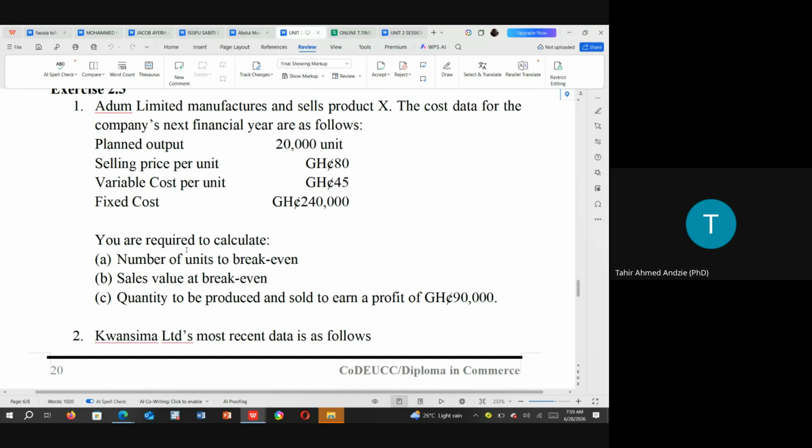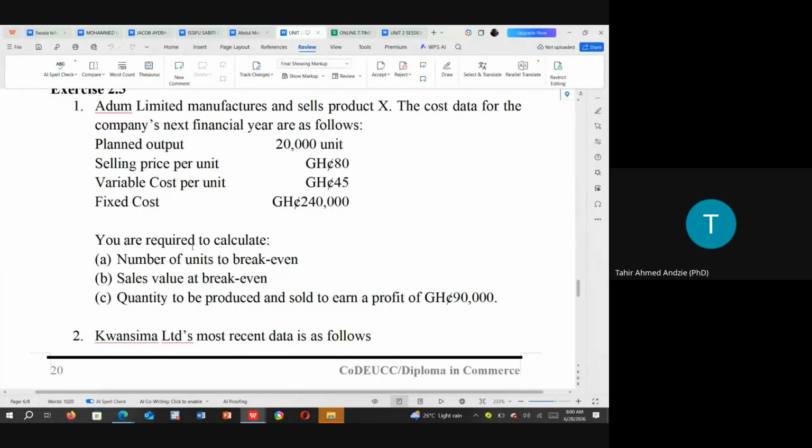So we have fixed cost of 240,000 divided by 35 times 80 Ghana cedis.